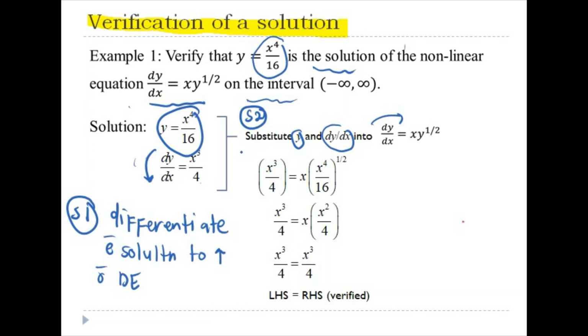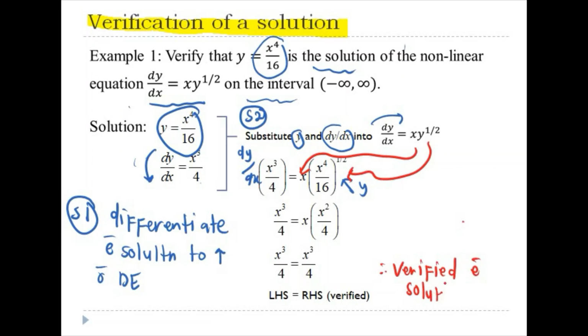So x cubed over 4 is your dy dx. x multiplied with x to the power of 4 over 16, which is your y, so just write back your x here, and y to the power of half, just substitute what your y is. When you simplify, you get the right hand side and left hand side are the same. When they are the same, it means the solution is verified, a true solution to the given DE.